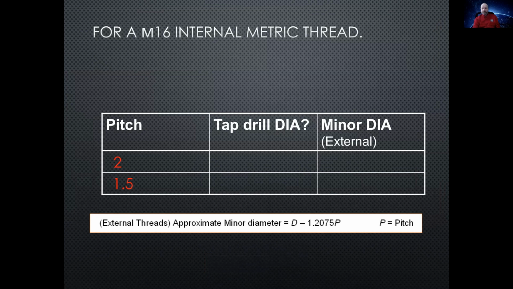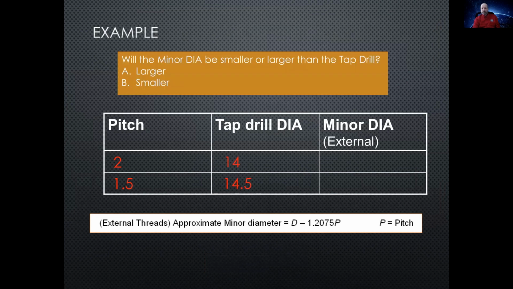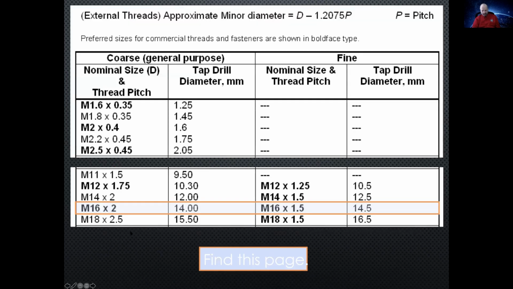The tap drill diameter is going to be 14 or 14.5. So let's go look at this. So 14 for the general purpose, 14.5 for the fine. 2 millimeters per thread and 1.5 millimeters per thread. So the finer it is, the closer the threads are to each other. So it's distance for each thread. The English system is the opposite.